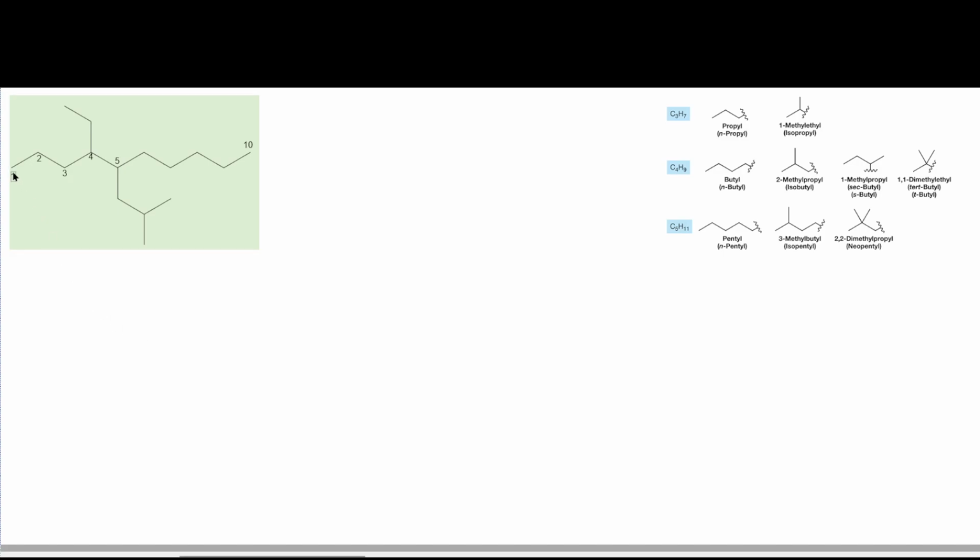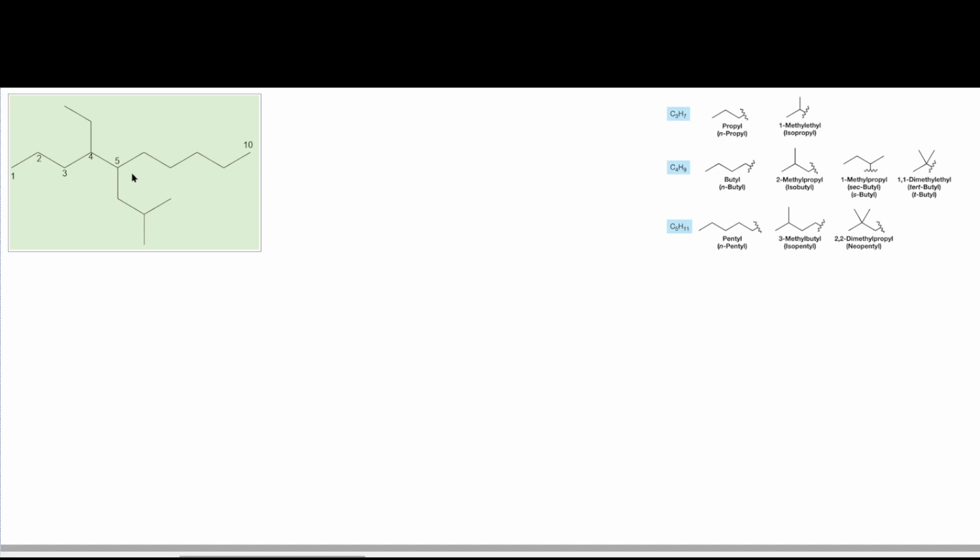Now, I have numbered from the left-hand side because I saw that this particular group is my first substituent, and it is coming at the fourth carbon. If you number the other way around, 1, 2, 3, 4, 5, 6, this isobutyl group comes at the sixth carbon.